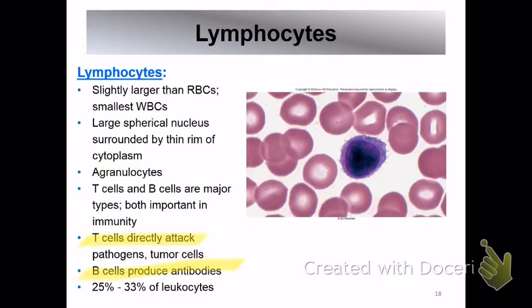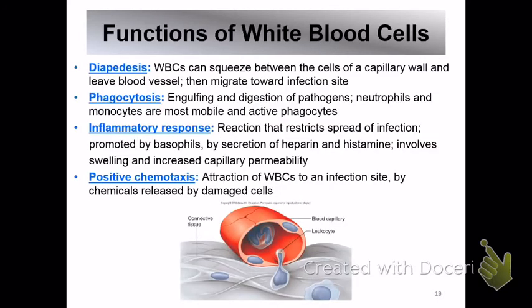B cells produce antibodies, and antibodies are proteins, they're shaped kind of like that, and they attach directly to the pathogen, and they inactivate it so that it can be found in the spleen. And so lymphocytes, there's T cells and B cells, and there's directly attack and produce antibodies. And we said these are agranulocytes. They don't appear as sandy under a microscope. They aren't grainy.